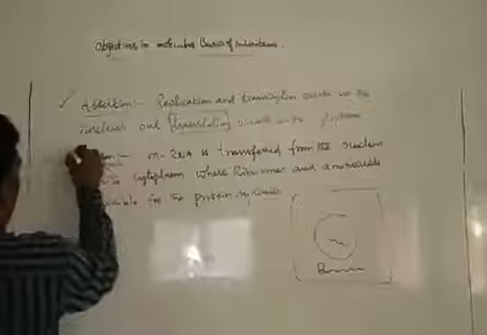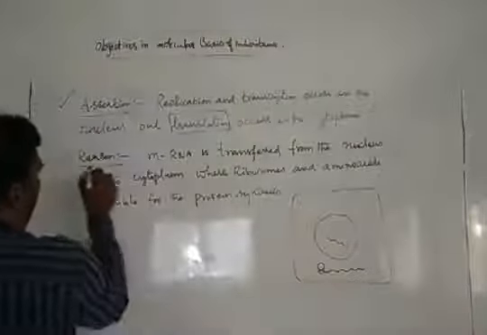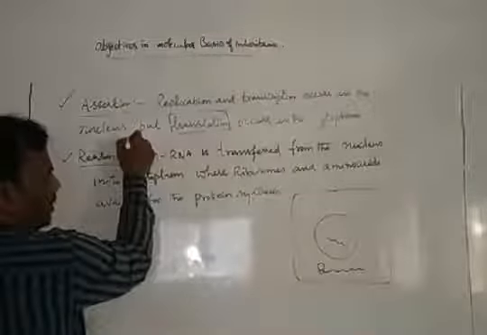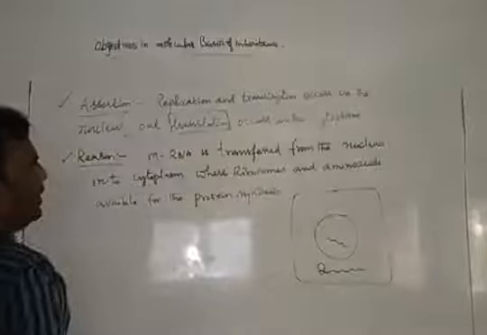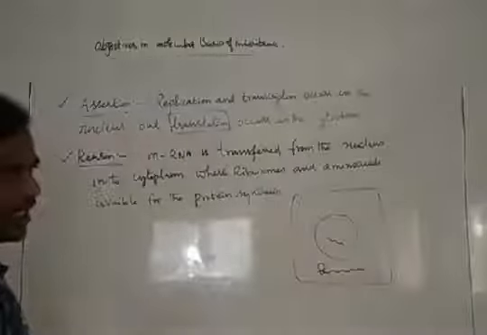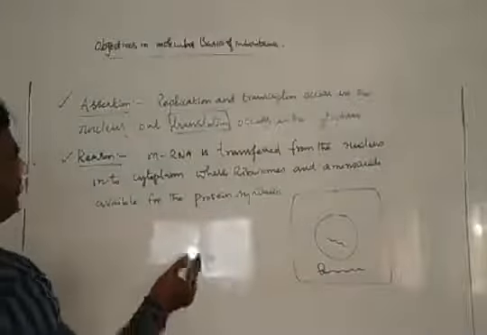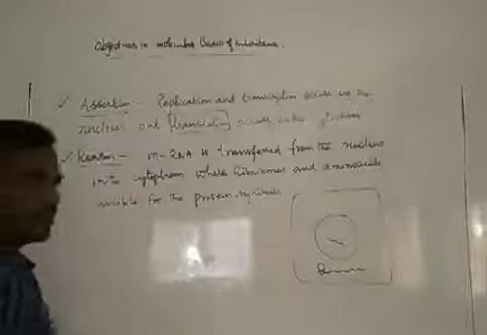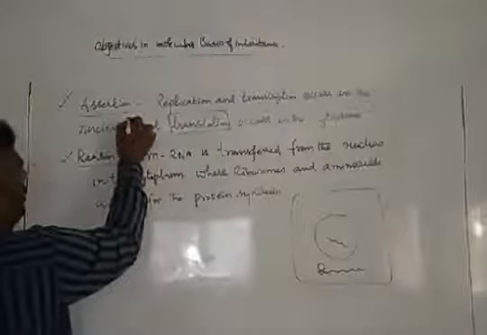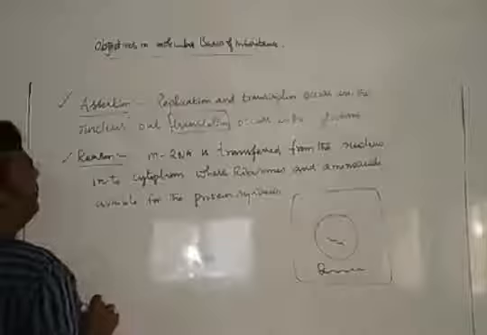This statement is also right, and the reason is explaining the assertion. So assertion and reason are both right, and the reason is the correct explanation for the assertion. That is the option for this question.